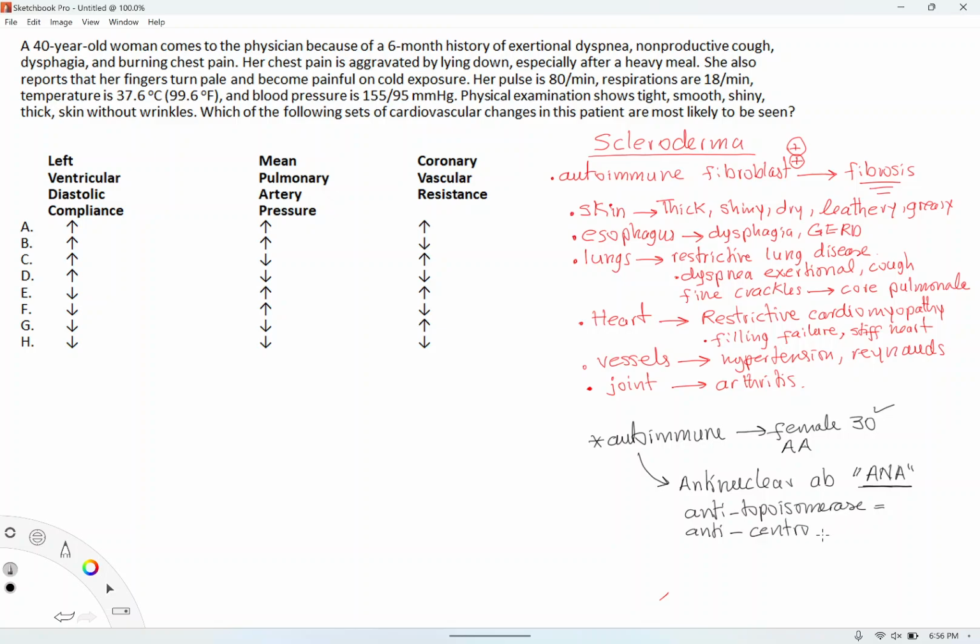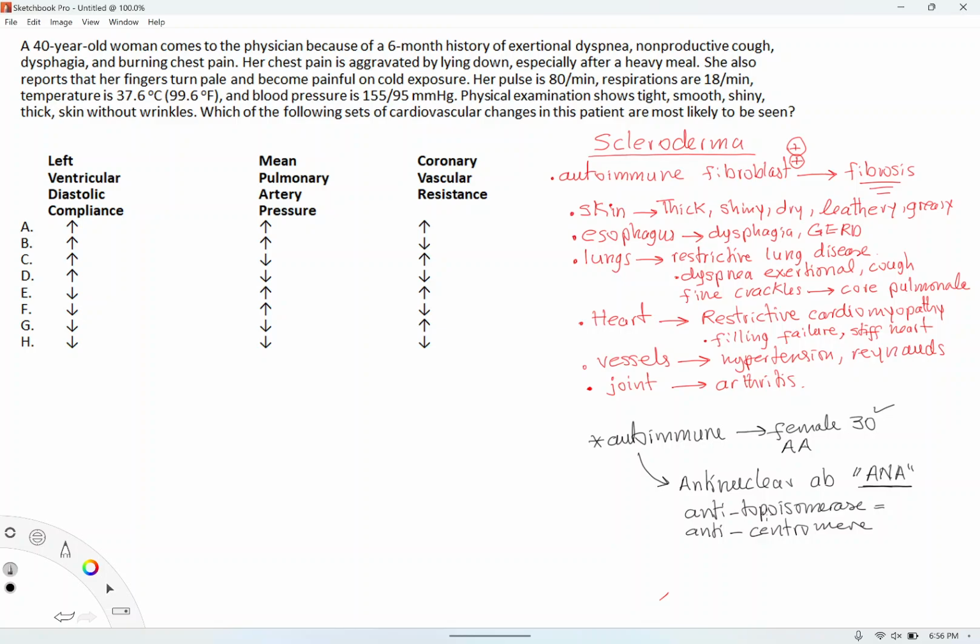The centromere is the point where two chromatids are held together as a single chromosome. Anti-centromere is more for CREST syndrome. So just look for those. Limited scleroderma is centromere, and general systemic scleroderma is topoisomerase. So I'll be looking for these.